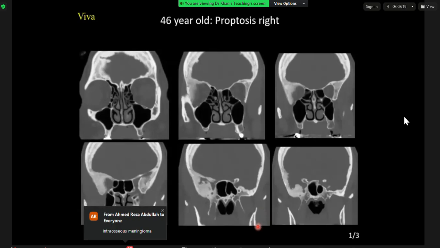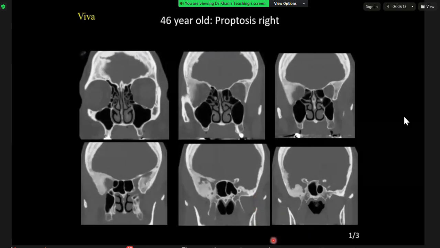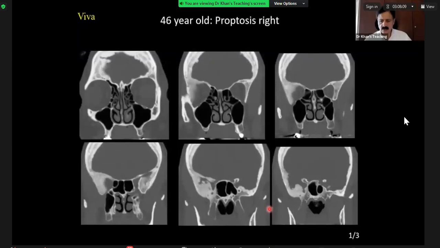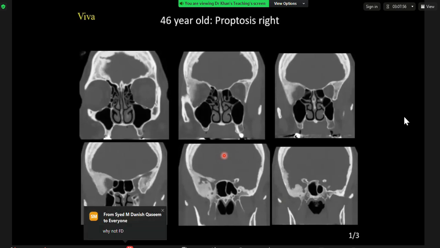And so I'm thinking that there isn't any other bony abnormality elsewhere. So I'm thinking that this bony hyperostosis would be because of an extra-axial lesion. So this extra-axial lesion can be a meningioma, because it should be an indolent lesion which has caused the bony hyperostosis, and it is quite asymmetrical.